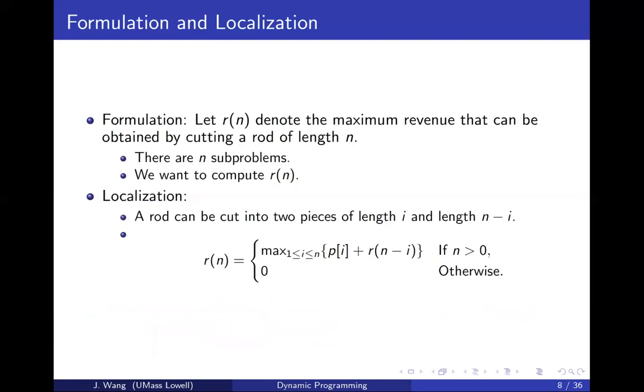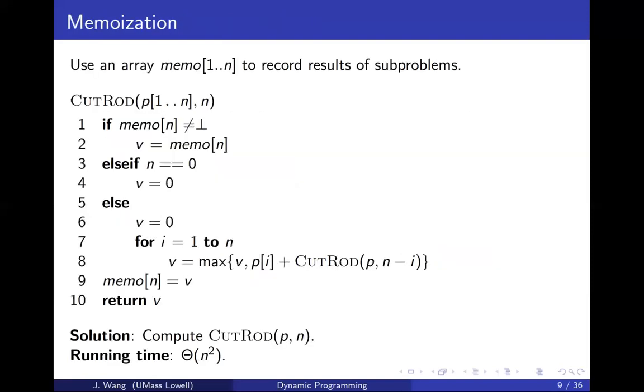So when n is greater than 0, this is equal to this recurrence relation, otherwise 0. When n becomes 0, you don't have a cut, so of course you cannot sell anything. There isn't any rod there, so that's 0.